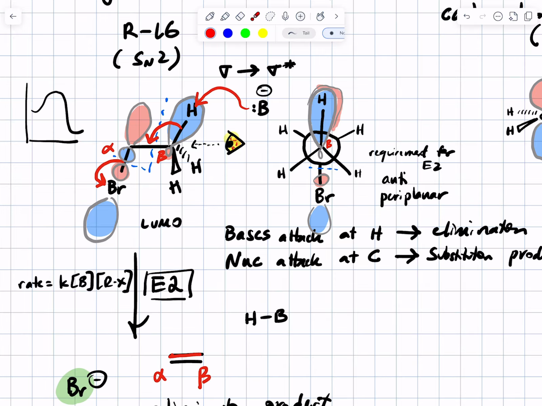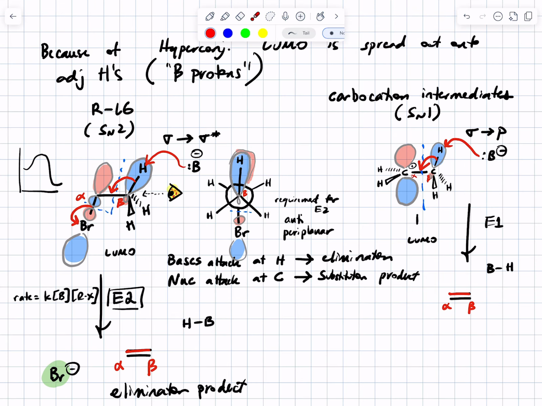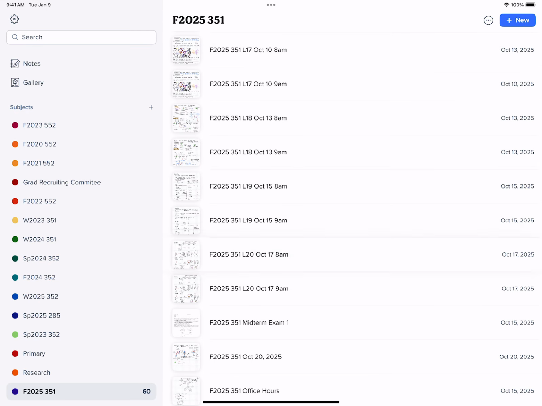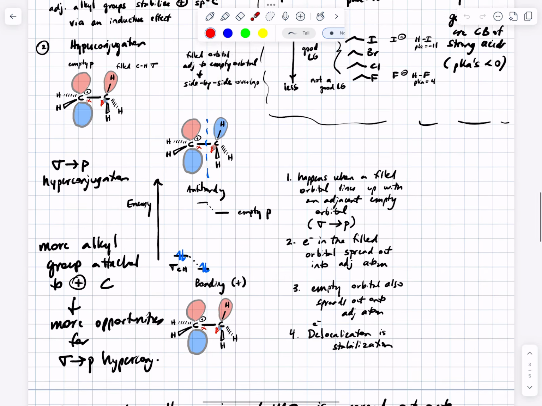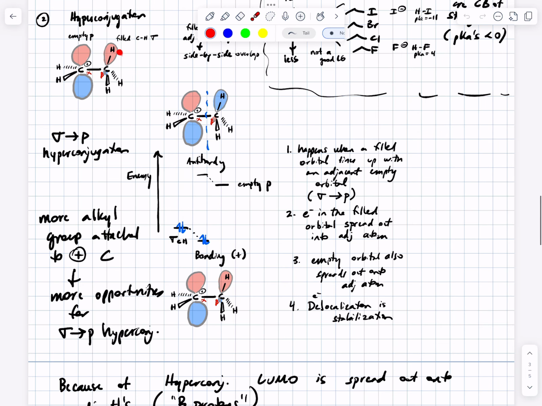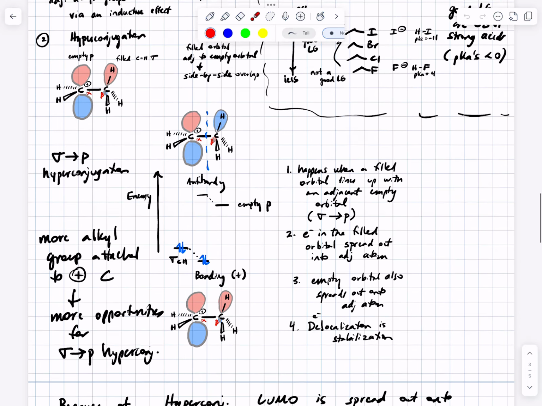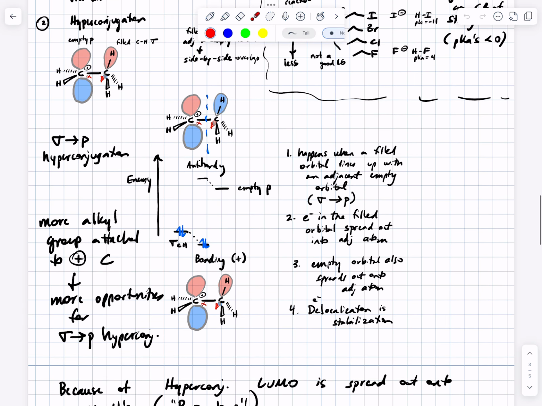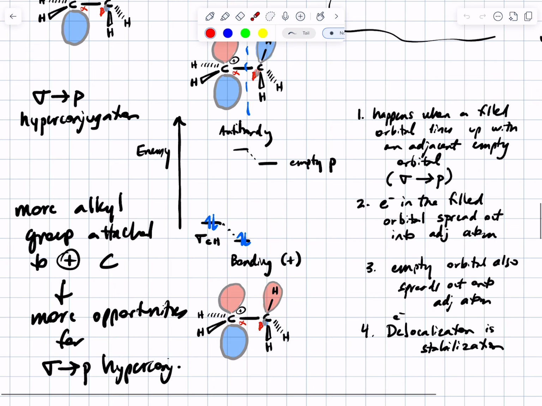All right, questions so far? Anything I've missed there? Go ahead. The 2 orbitals have to be out of phase. So do the 2 orbitals have to be out of phase? What I showed you last time is what happens, where is it? There we go. In hyperconjugation, when the filled orbital overlaps with the empty orbital, you get a plus combination and a minus combination.